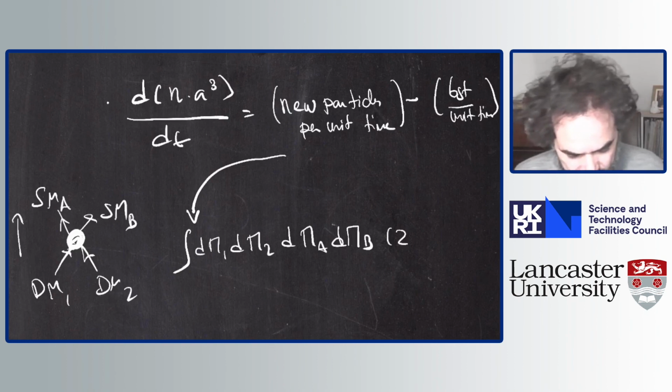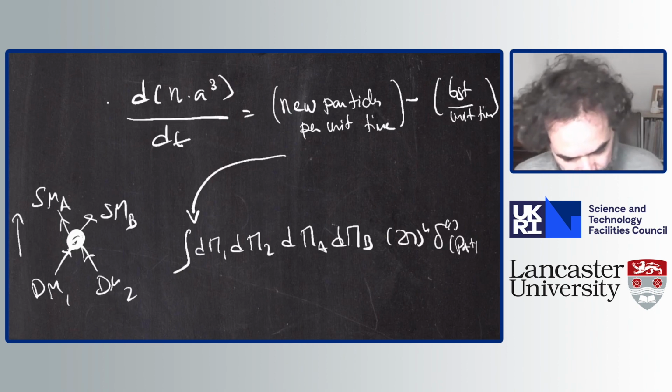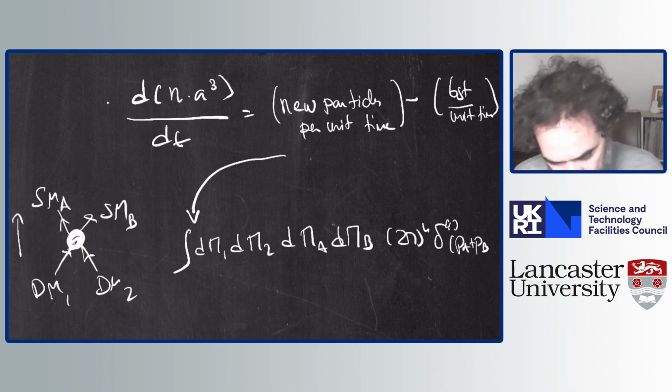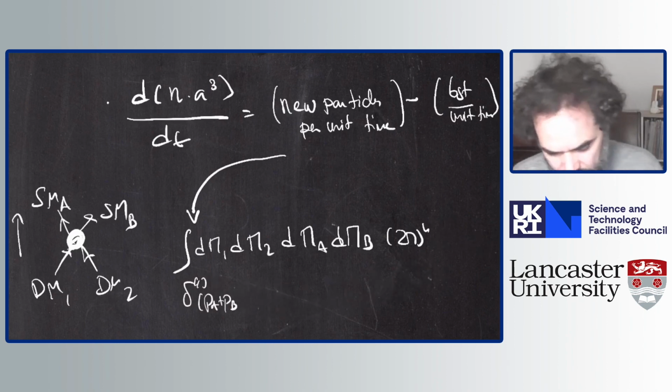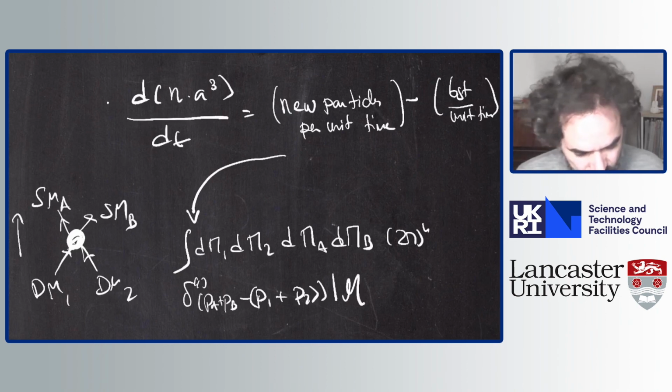Here there is a standard delta function of conservation of momentum, PA plus PB minus P1 minus P2. And here you have to put precisely the rate of 1, 2 to AB, the matrix element squared, right?